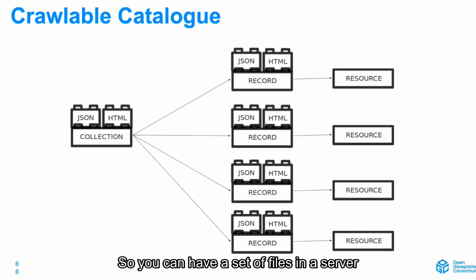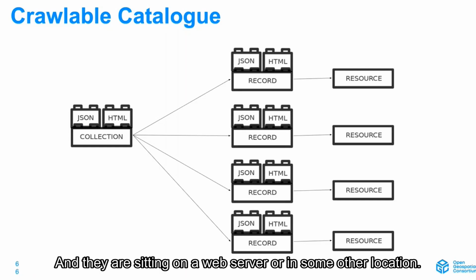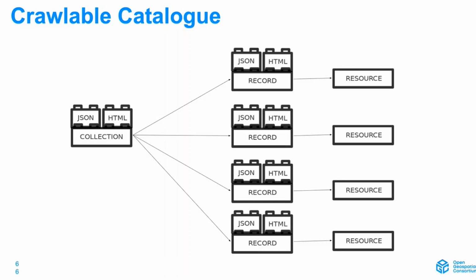You can have a set of files on a server. These files could be, for instance, satellite imagery, but it could also be feature data or something else, and they are sitting on a web server or in an S3 bucket.